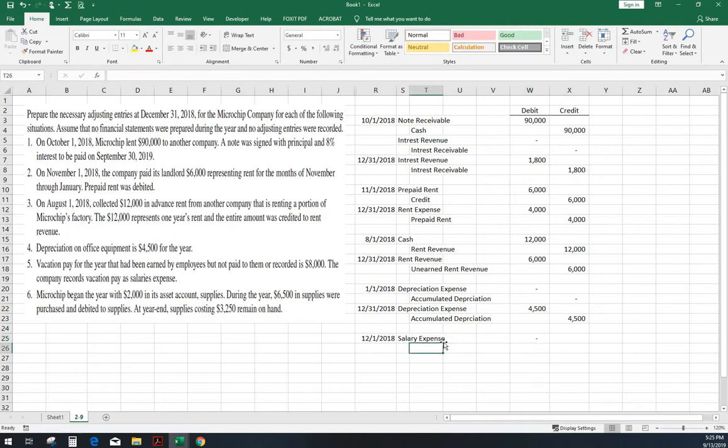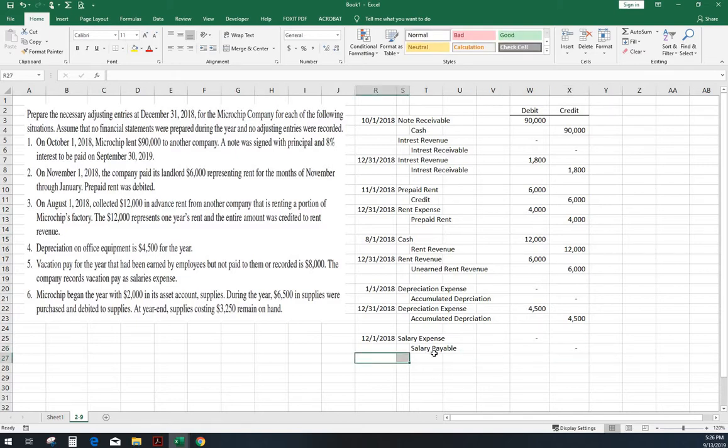Typically, a company won't give you your vacation time until the end of the year or your anniversary, and let's say their anniversary was on the 31st. So on the original transaction on 12/1, our salary expense is 0 because they haven't made it to the anniversary date yet, and our salary payable is also 0.